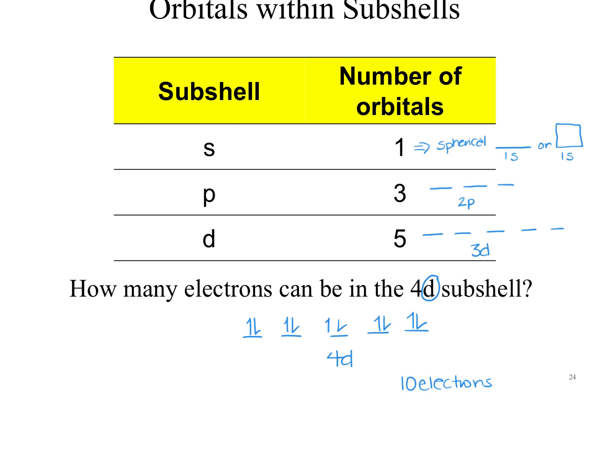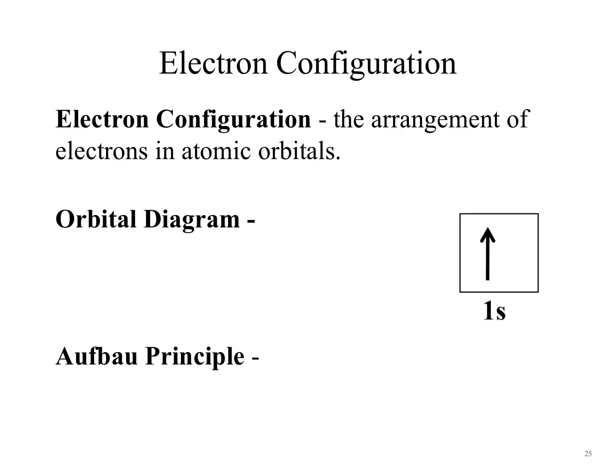Now let's look at how we can arrange all of the electrons into these atomic orbitals for individual atoms. When we do this, it's called an electron configuration, and this is just the arrangement of electrons into those atomic orbitals. There's a couple ways to do this.